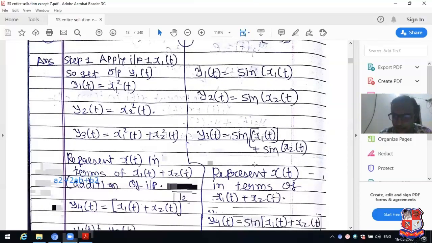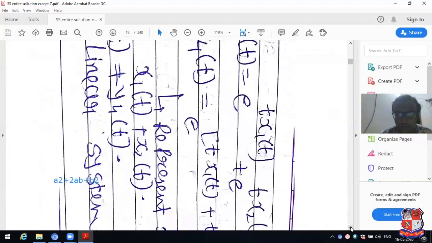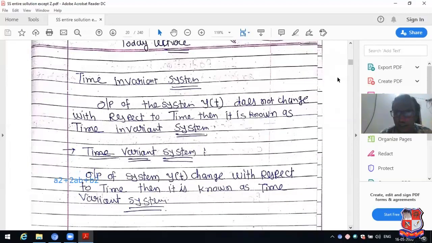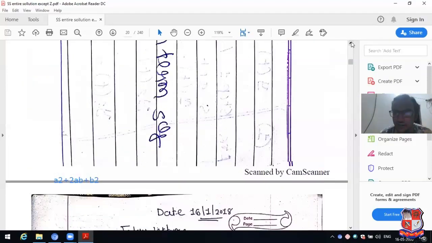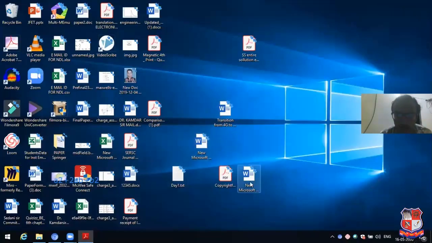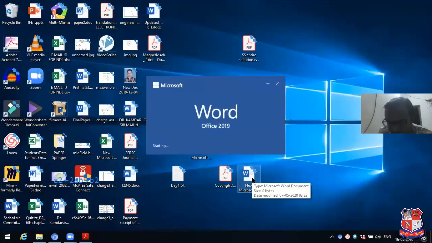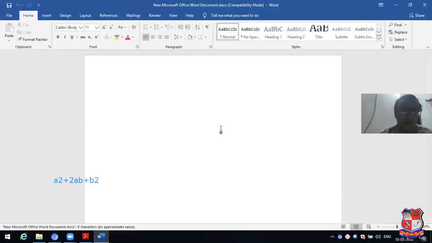So see, this is the next example: x of t square. What is the meaning of x of t square, and determine whether it is linear or not? I will explain in Microsoft Word.